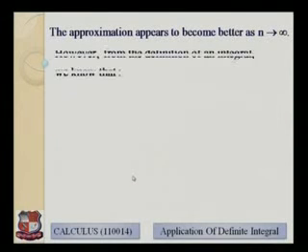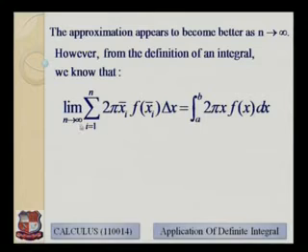Then as n tends to infinity, we have the limit of the sum: limit n tends to infinity, sigma i running from 1 to n, 2 pi xi bar into f of xi bar into delta x, as 2 pi xi bar represents the circumference, f of xi bar represents the height, and delta x represents the thickness.